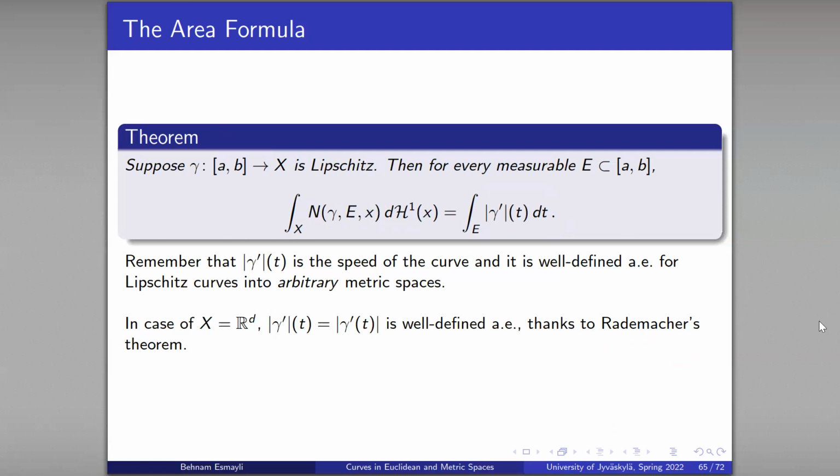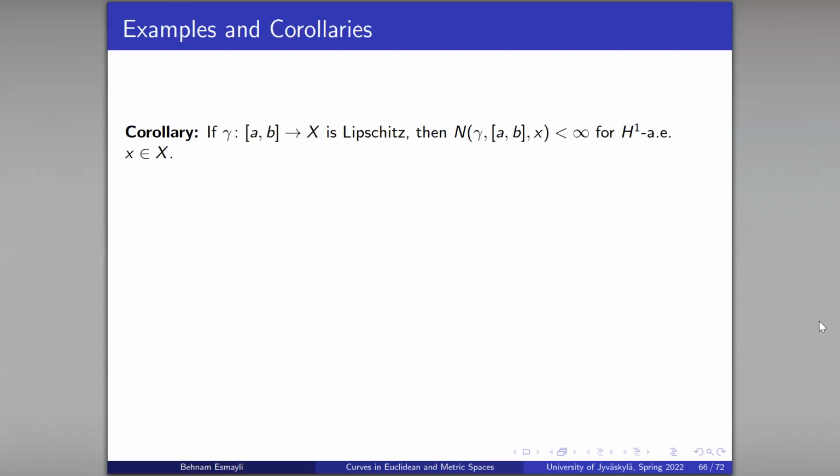Now let's look at some other consequences of this amazing theorem. One corollary is that if you are Lipschitz, then because the length is finite, this means that the multiplicity integral is finite. And that means that multiplicity in particular is finite for H1 almost everywhere.